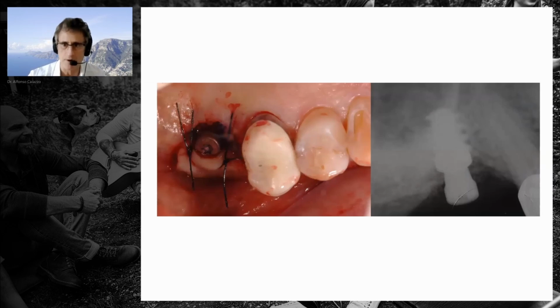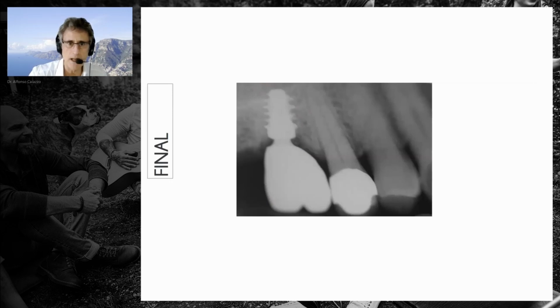Healing abutment, straightforward, always the same. I always do the same technique to be consistent, and I want to be consistent to be successful, actually. And this is the final case.